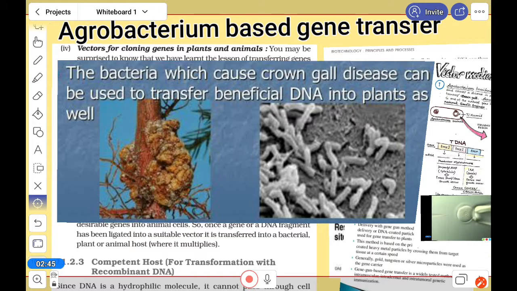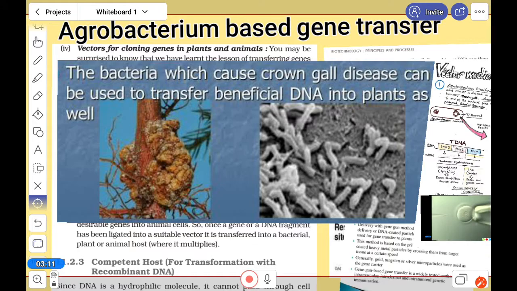What we have to do is take out the bacterial plasmid first, then tag our gene of interest, and apply it to the plant, and we have nothing to do after that. Automatically we will get the desired characteristics. So it is a very easy, efficient and cheap way.